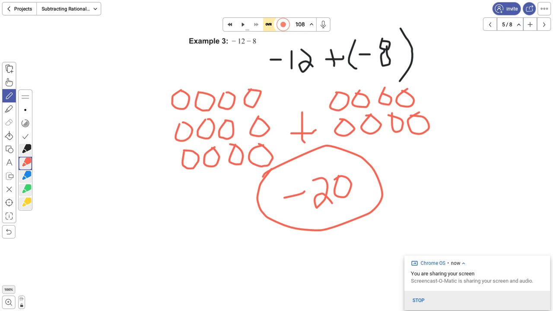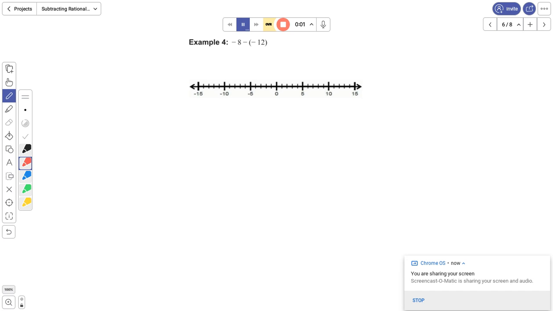Example 4, negative 8 minus negative 12. Again, try to pause the video. You can represent this on a horizontal number line, or you can use chips to solve. Okay, welcome back. So negative 8 minus negative 12 is the same thing as negative 8 add the additive inverse, negative 8 plus positive 12.